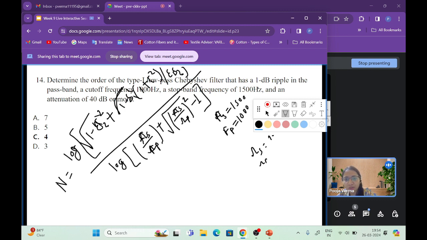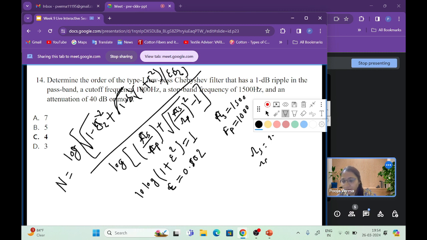So now in the pass band the ripple is 1 dB. So from there we need to calculate the value of epsilon, that is 10 log of 1 plus epsilon square is equal to 1 dB. So from here if you find epsilon you will get 0.502 if you solve this equation.